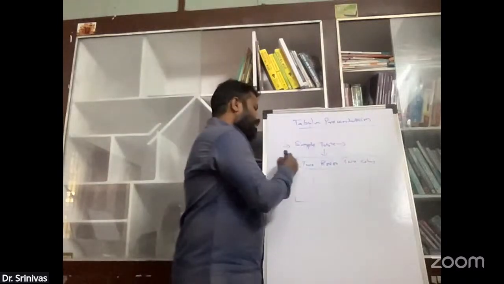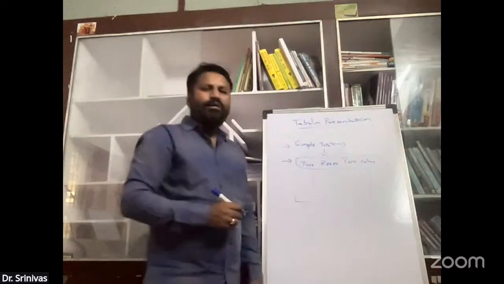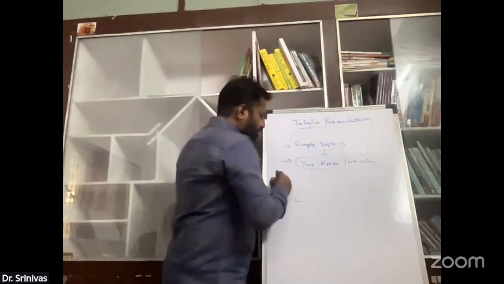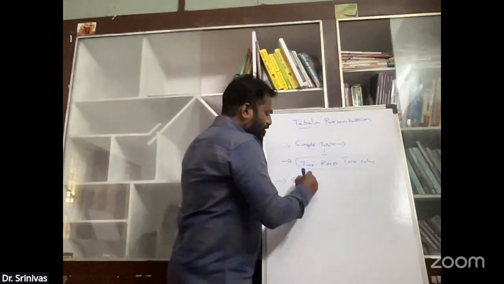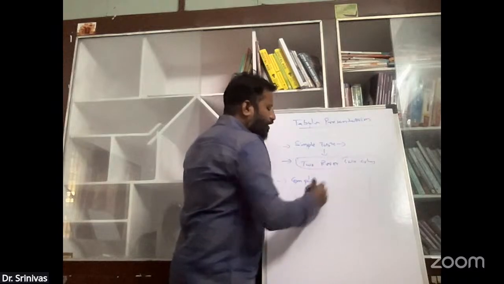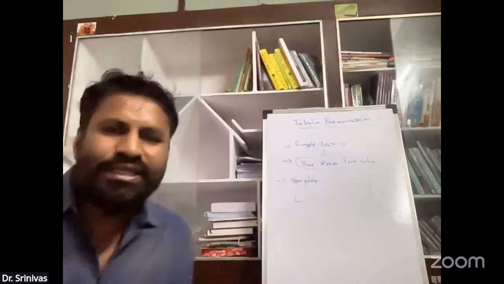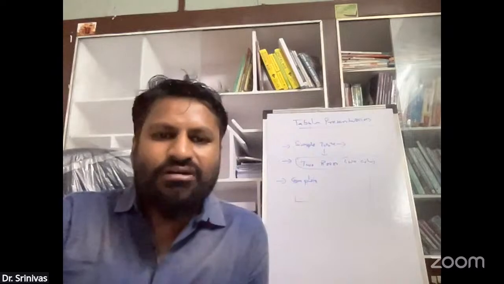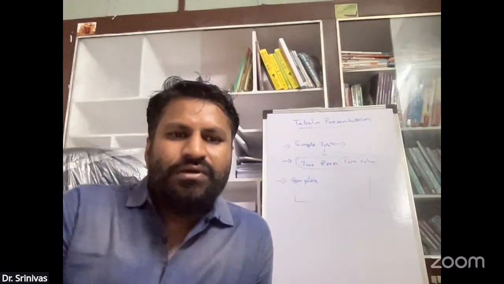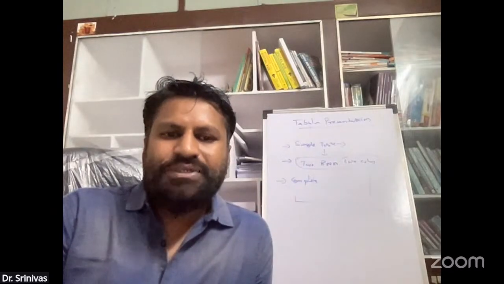That is called a simple table. And what does a complex table mean? In complex tables, we use more than 2 rows and columns. Is it clear? So rows and columns, we use more than 2 variables. So that is called a complex table.